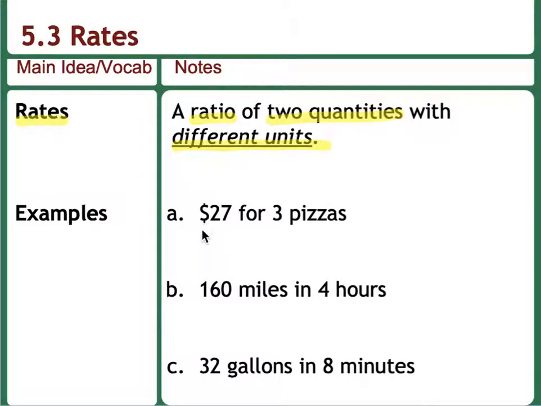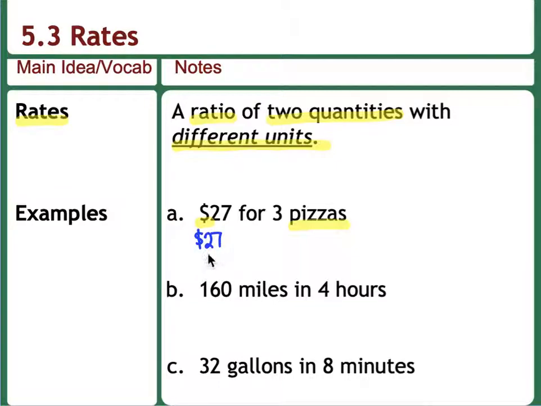Whenever you have two different units, for example, in example A, we have dollars compared with pizzas, we call that a rate. So to write a rate, it is important to remember these units. Again, there's different ways to write ratios.